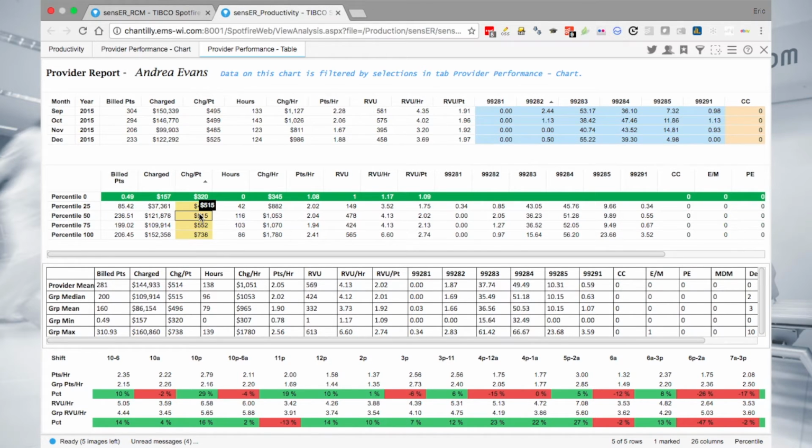The reason is that we understand very well that those providers that are very efficient in documentation may be lacking in other areas, and vice versa. We wanted to provide our providers with actual data of other providers that's anonymized, sorted based on charge per patient performance. That allows them to understand that even though they may be underperforming in certain areas, there are providers like them that do well and less well in different areas, and so they know what they need to focus on.